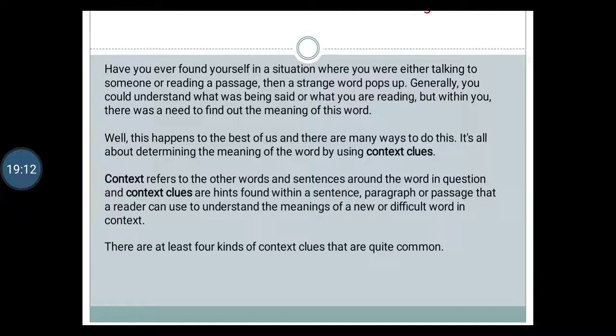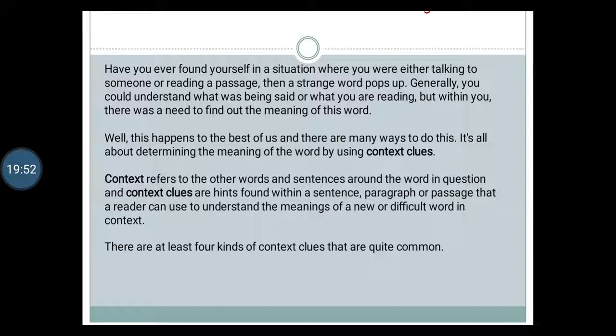These hints could be found in the sentence, in a paragraph or a passage that a reader can use to understand the meanings of a new or difficult word in context. So, context clue says that sometimes when you meet a difficult word or a new word, you should look around the words in context, the words or the sentences before or after the word you are inquiring about.